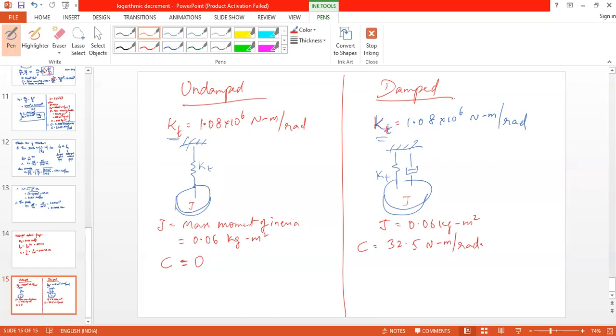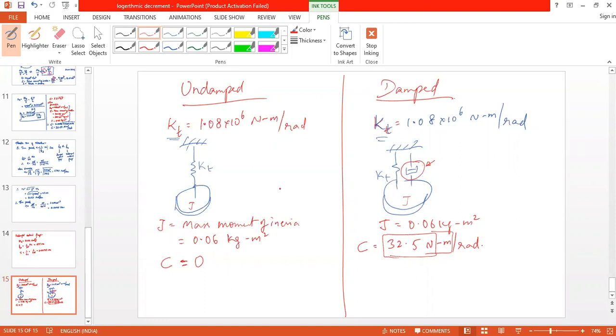What is the meaning of this 32.5 Newton meter per radian? The meaning is this damper will absorb this much of Newton meter torque per radian of deflection. So this is the amount of torque absorbed by the damper.